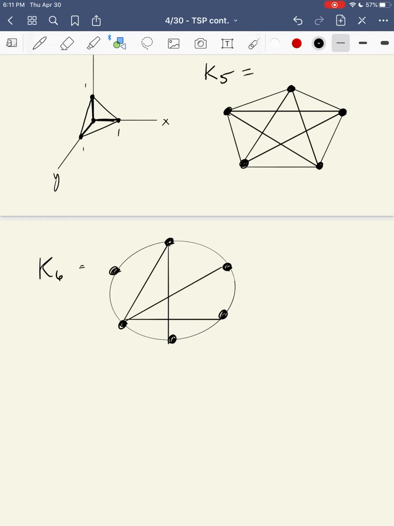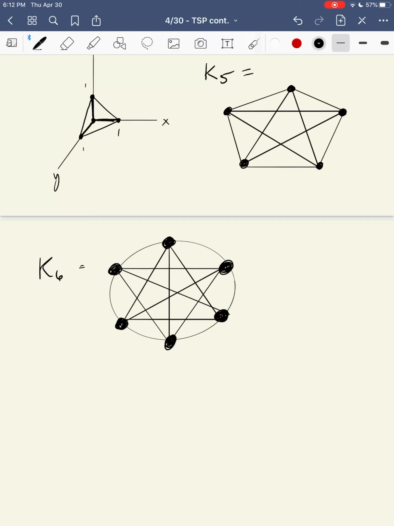This one, this one, this one. Am I missing one? Yes. And missing this one still. And so this is the graph we get. This is a K6. Make the vertices nice and big so you can't see all of the bad things that are happening.